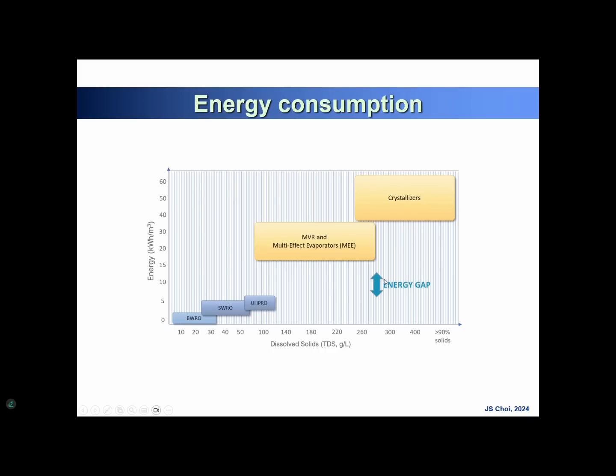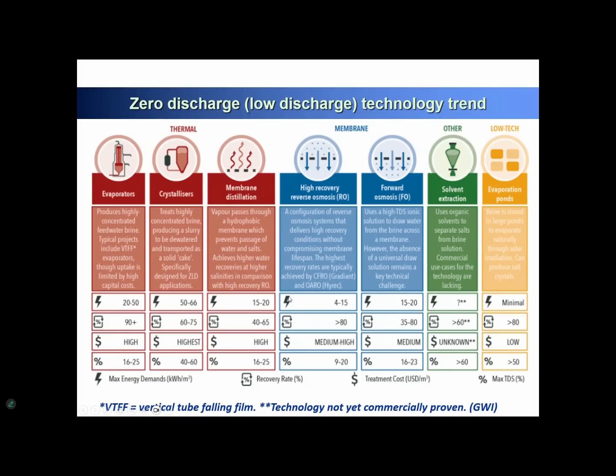But no matter what you do, when you complete the crystallization, you need a thermal crystallizer, but you can reduce a lot of volume with the low energy, high pressure reverse osmosis. So this is a good technology you can utilize.